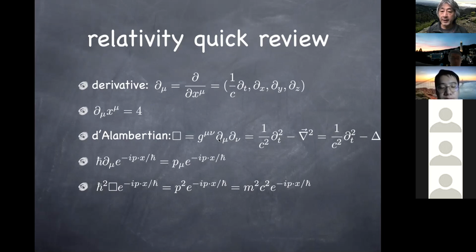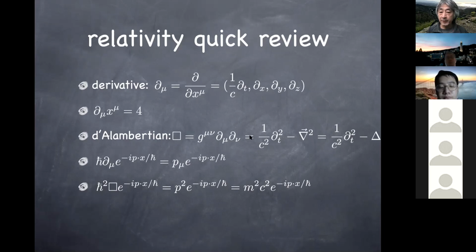So I can define two derivatives with the two lower indices, now contracted with this metric tensor g mu nu, which is the inverse of the metric tensor we had on the previous slide, but it's the same thing. It's still 1, minus 1, minus 1, minus 1. So this is the combination that is now Lorentz invariant. And this combination is called the d'Alembertian.